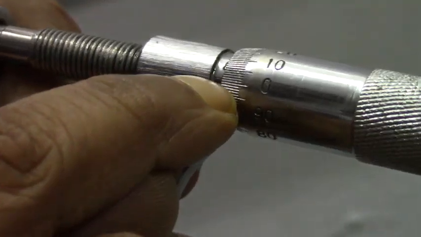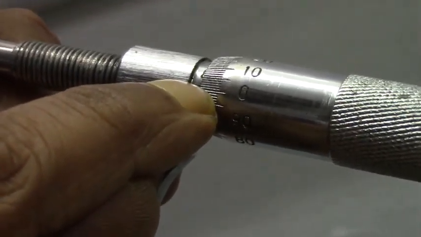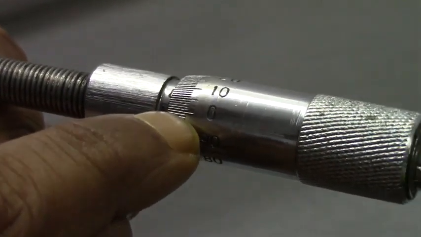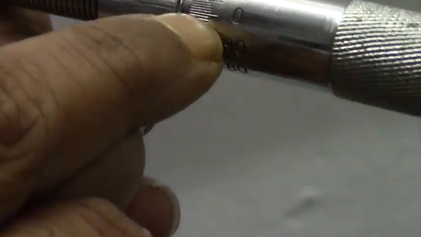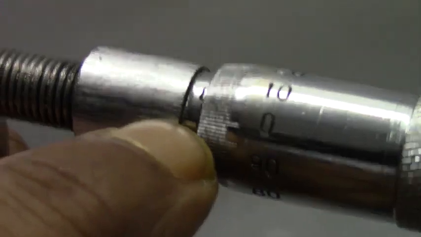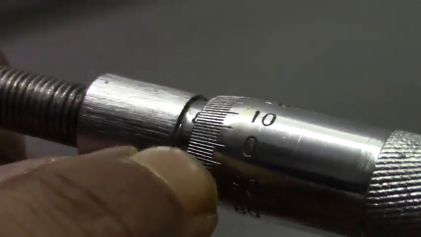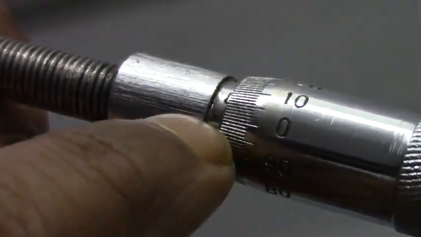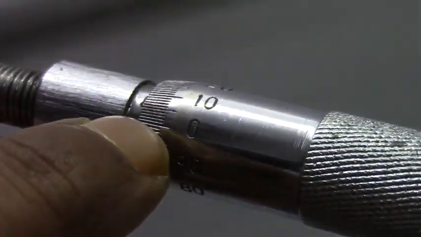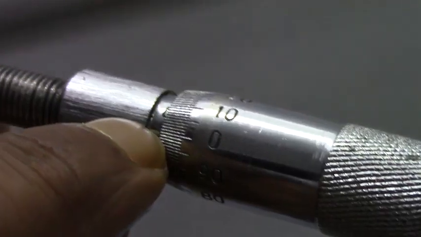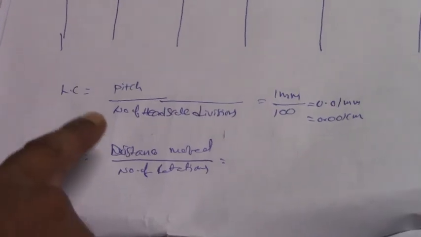If you clearly observe, the index line on the pitch scale is not exactly coinciding with the head scale 0. It is 2 lines below the index line, which means that it has positive error. What is the amount of positive error? +2, because this head scale is 2 lines below the index line, so the error is +2, the correction is -2.